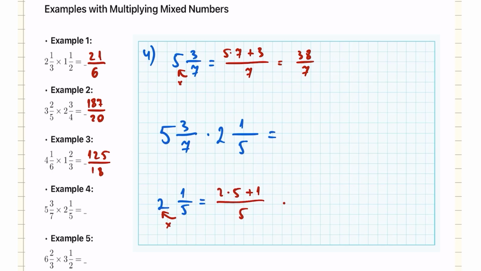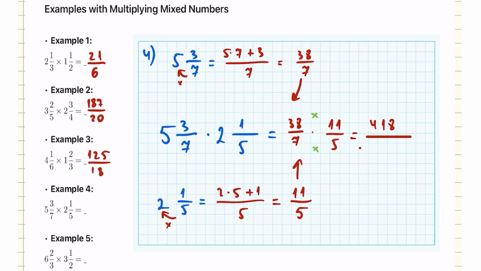And this is 11 over 5. Now we can multiply. We will have 38 over 7 multiplied by 11 over 5. And now we multiply normally. 38 times 11 and 7 times 5. We will get 418 over 35. And that's the answer.